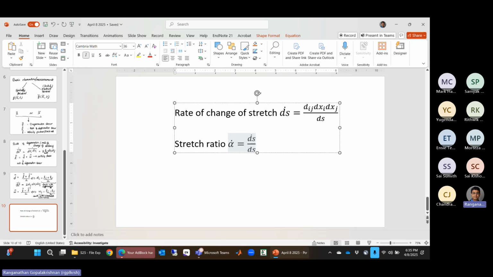And this is essentially going to be dij dxi dxj divided by ds squared.